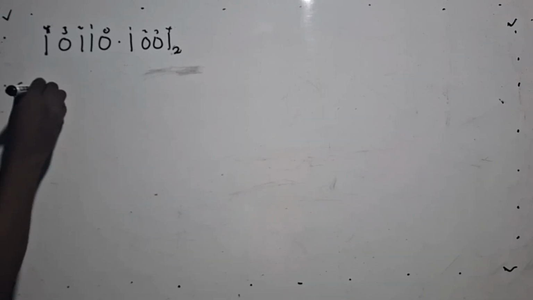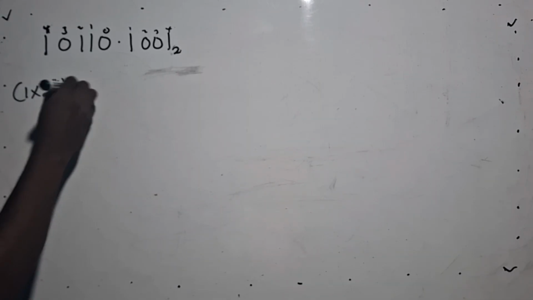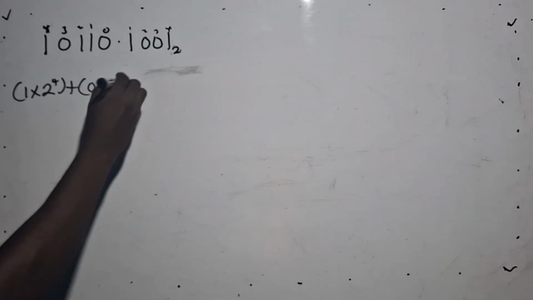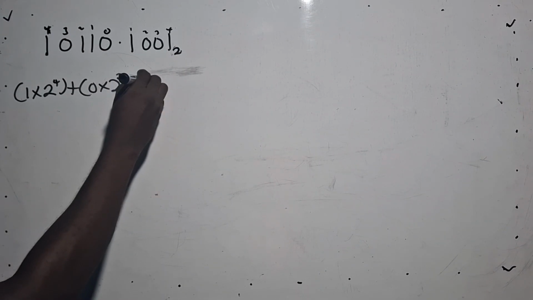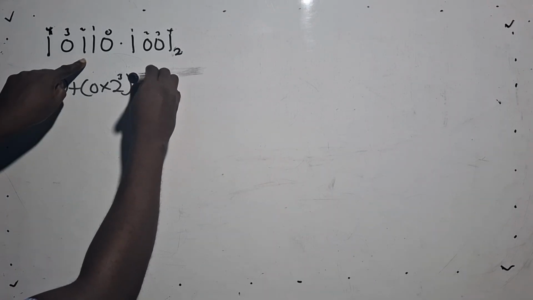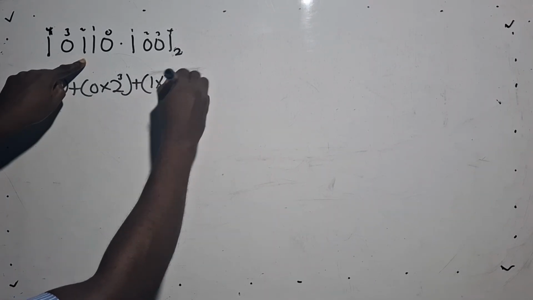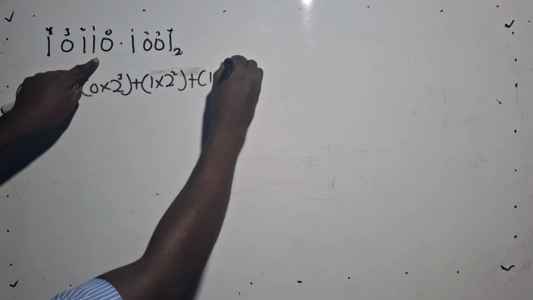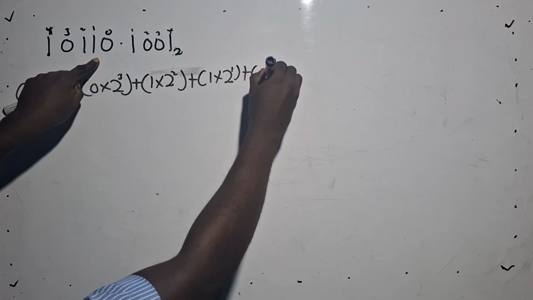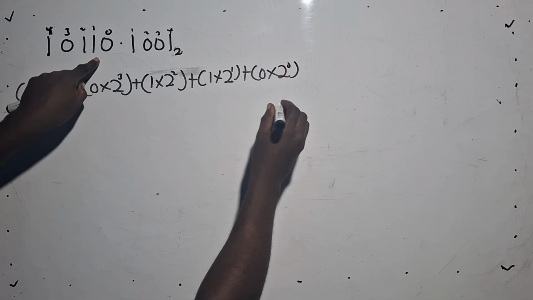So now we are going to solve. So we have 1 times 2 power 4, 0 times 2 power 3, plus 1 times 2 power 2, plus 1 times 2 power 1, plus 0 times 2 power 0.